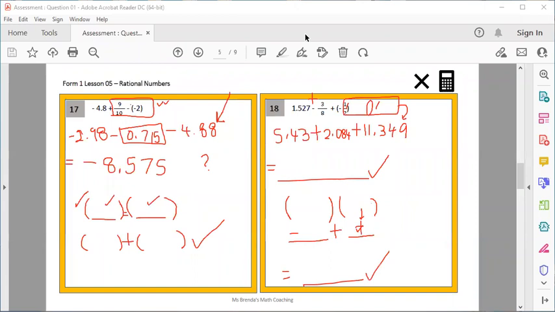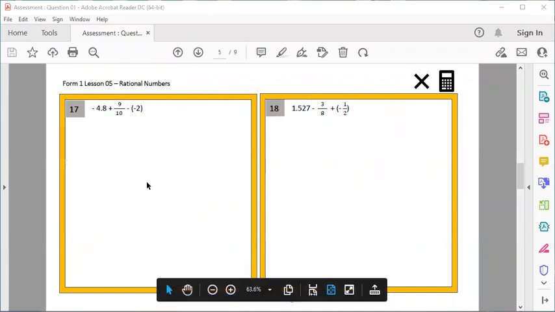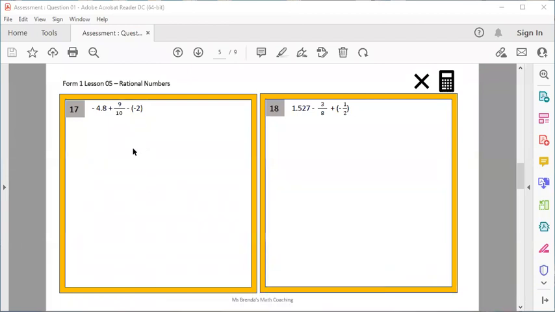Clear the drawing. Over here, guys, number 17, 18, okay? Inclusion of fractions. But what we got to do here? What we do is, we change the fraction to decimal. Okay, now you see, they have included fractions as well. So what do you do?